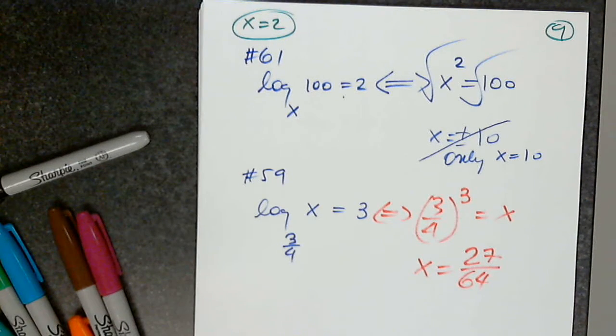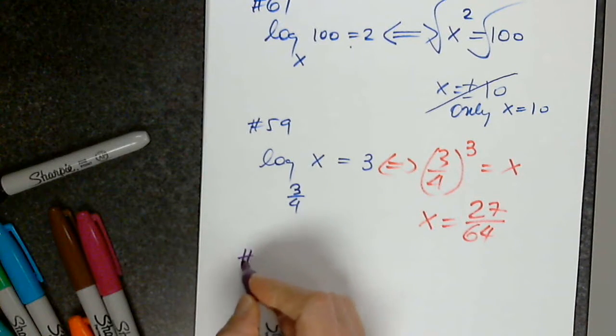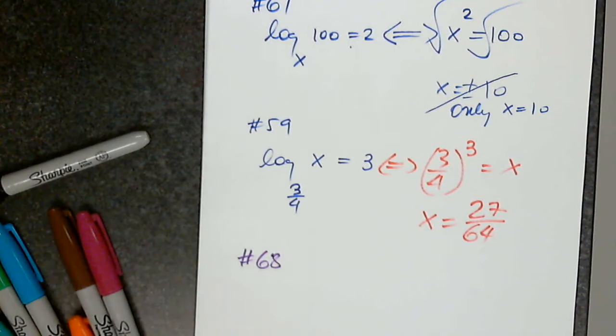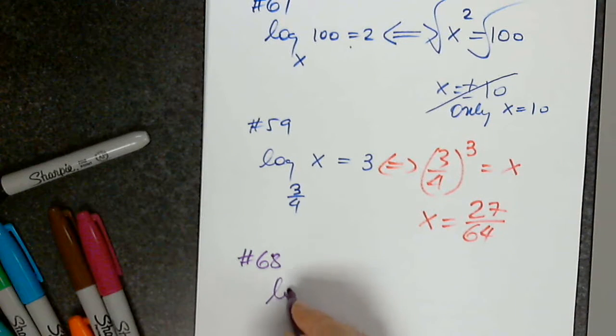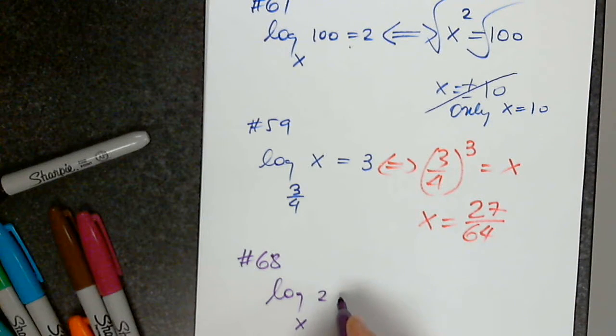Okay, let's look at 68. If we got the picture, we can move on to something else. Log base x of 2 equals negative 1/3.